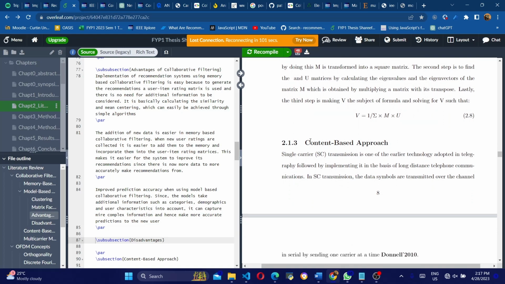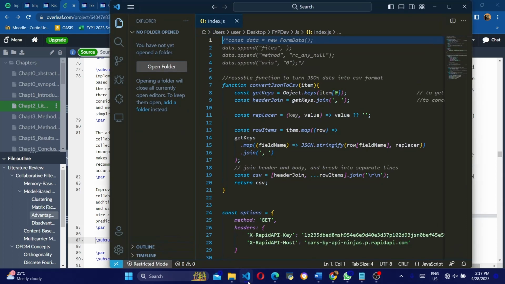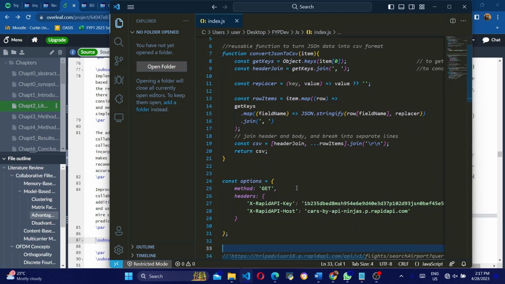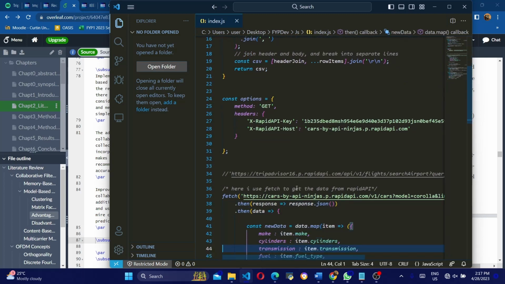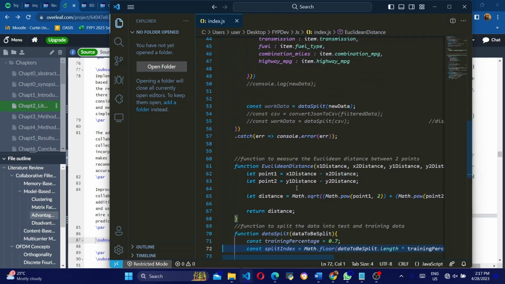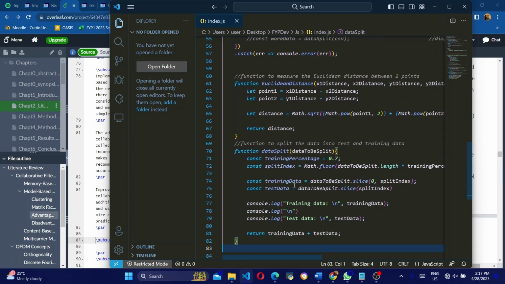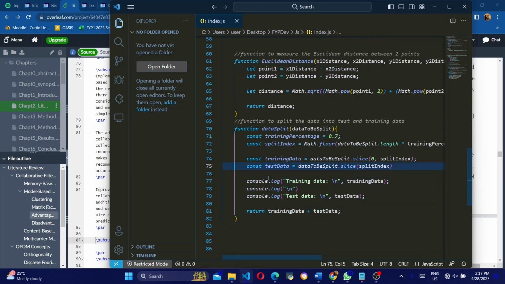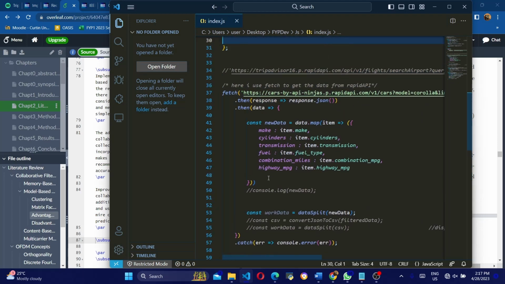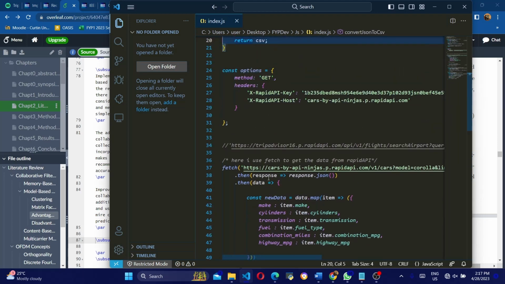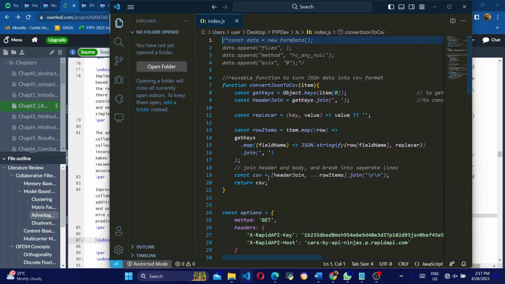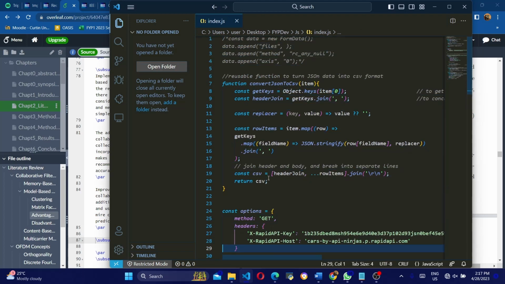So basically, what I have done for the algorithm itself is I was able to code the Euclidean distance, because we need the Euclidean distance to find the similarity between two items.